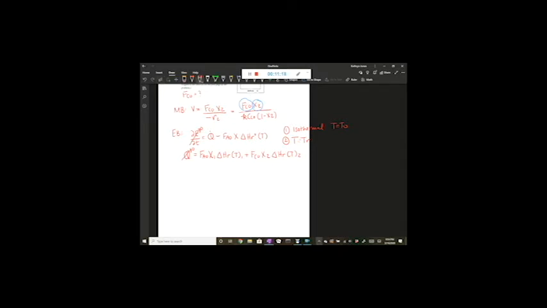So from our mass balance, I can get that FC naught X2 is going to be equal to V K C C naught 1 minus X2.